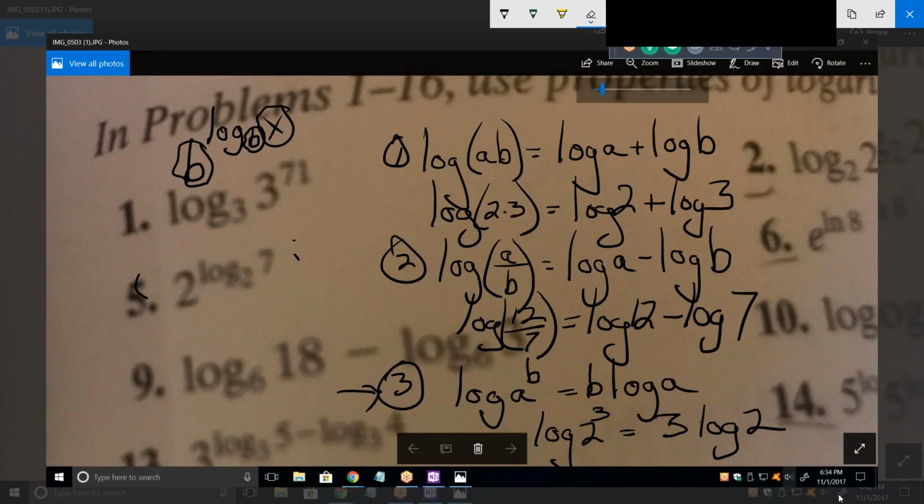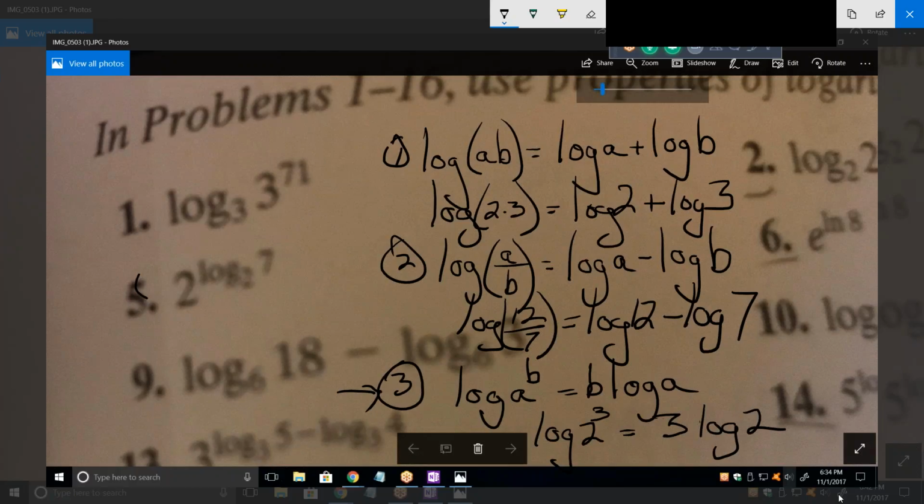All right, let's look at number 9. Well, first of all, what are we looking at? We're looking at log base 6 of 18 minus log base 6 of 3. So which rule are we going to use? The second one. With these rules, you got to be able to go both ways. In other words, you got to be able to convert the right side to the left or the left side to the right equally well.